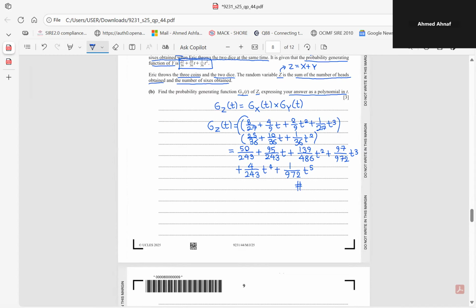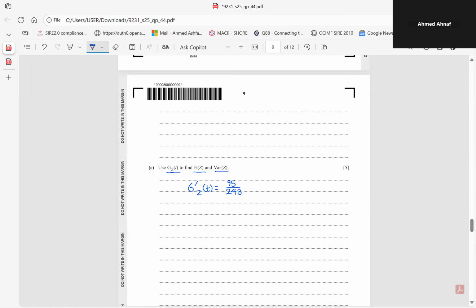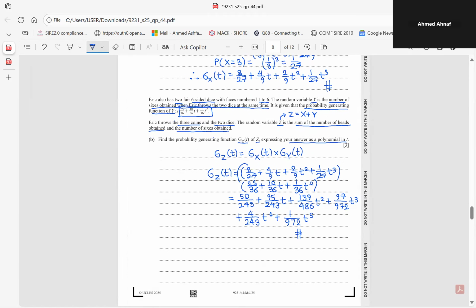Then the t squared term, 2 times 139 over 486, you get 139 over 243 t. Just t, and then the t cubed term.